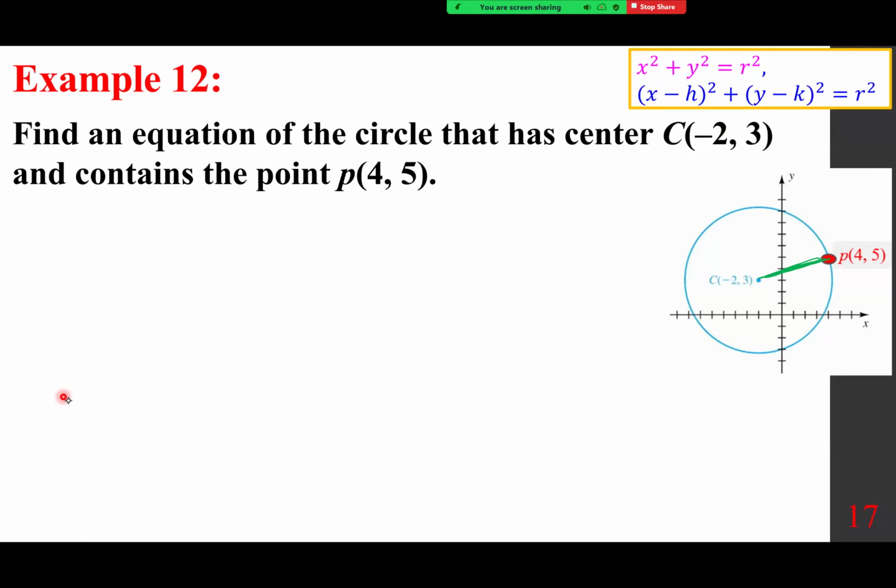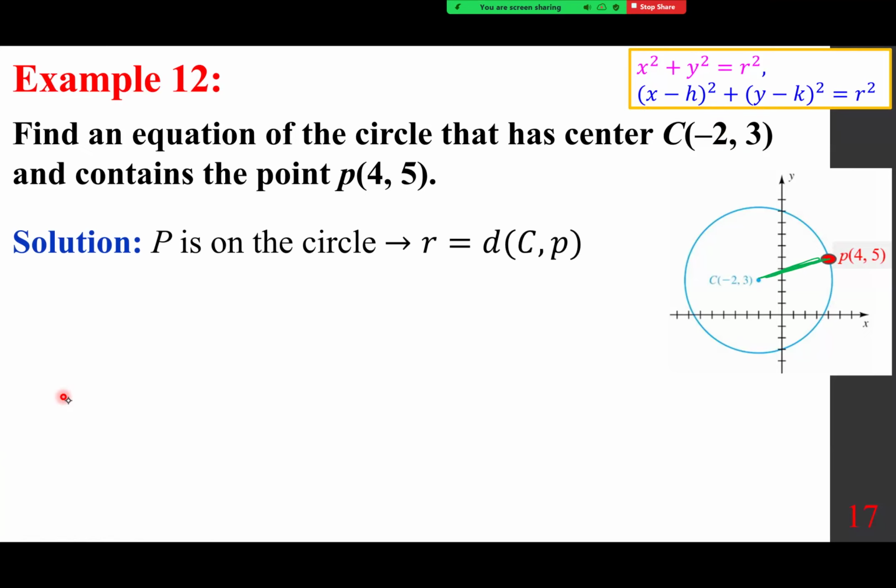x sub 2 minus x sub 1 quantity squared plus y sub 2 minus y sub 1 quantity squared. So P is on the circle. Radius is the distance between C and P. Which means the distance formula.